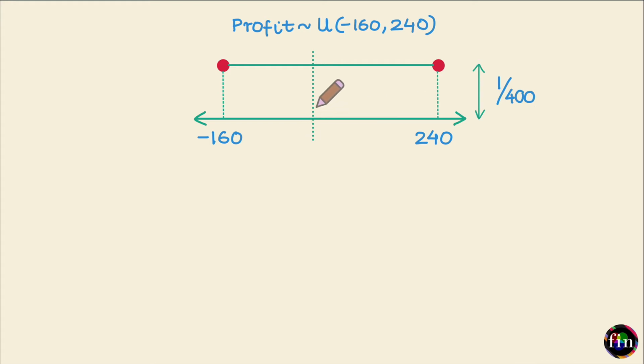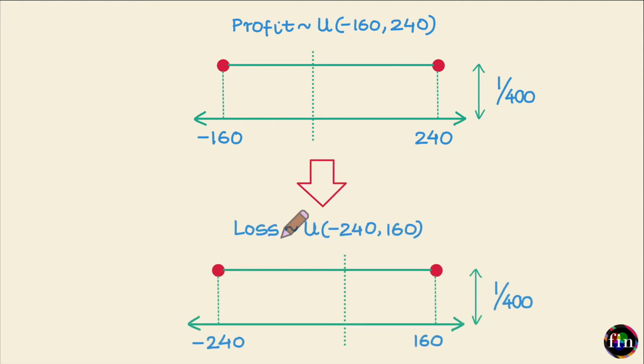Okay, if this is the distribution for profit, what's the distribution for losses then? Loss, I know, is equal to minus of profit. If profit follows the uniform distribution, so does the loss. So loss will also be uniformly distributed, but with endpoints where the left endpoint is equal to minus of the right endpoint for profit, that works out to minus 240.